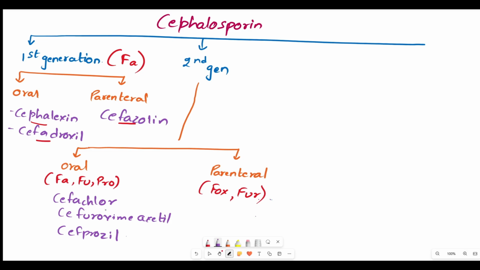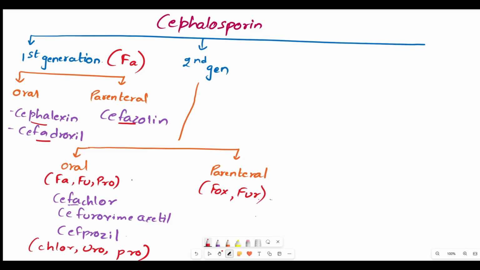And here there is also one more thing. I already said that in the first generation they have FA in the name. But here in the second generation there is also one drug that has FA. To remove that confusion I'll give you one more trick for this oral class. Remember it as CHLOR, URO, PRO. If a drug has chlor, uro and pro, it comes under this oral class of the second generation.